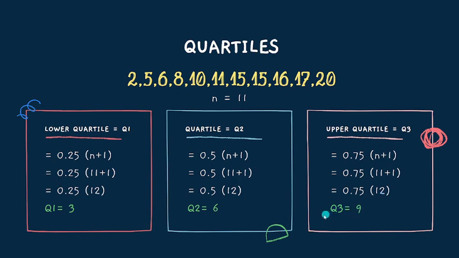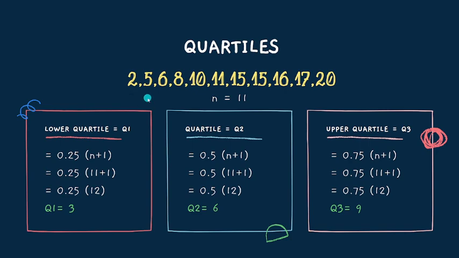If you're asking why some of these values are not in the data, we should remember that this 3 doesn't mean the number 3. It means the third in the data.